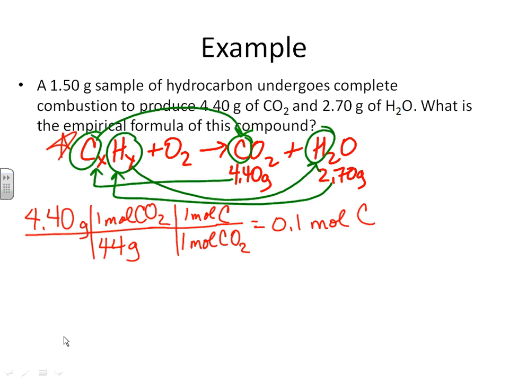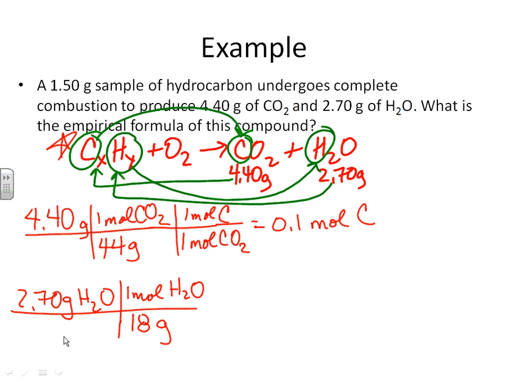Doing the same thing for the water. We're going to take the 2.7 grams of water, turn it into moles of water by dividing by the gram formula mass, which is 18. That gives us moles of water, but moles of water is actually a little insufficient. What we really want is moles of hydrogen because, again, we want the mole ratio between carbon and hydrogen in this unknown compound.